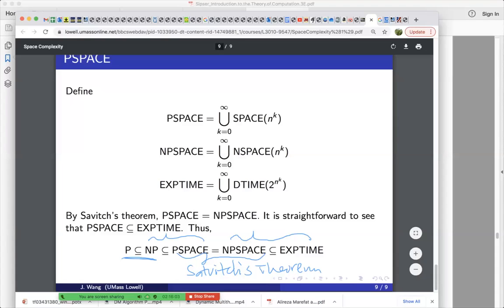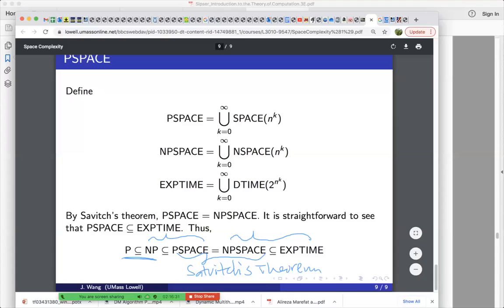Okay, so now that is this part of the video. We looked at Savitch's theorem that says deterministic space and non-deterministic space are equal within a quadratic function.